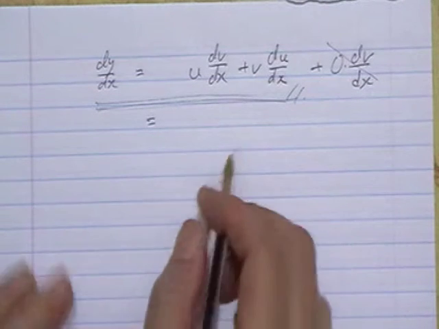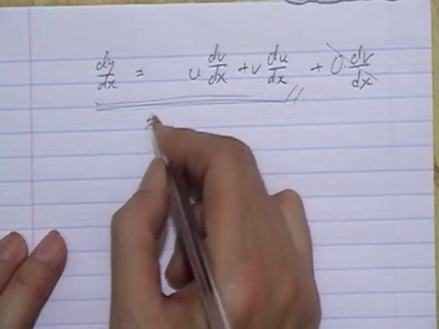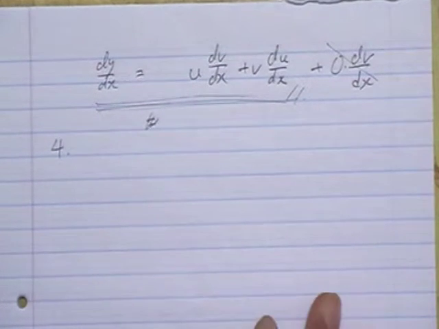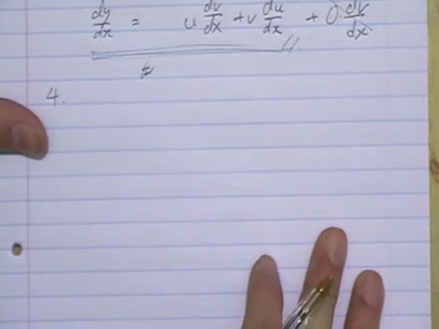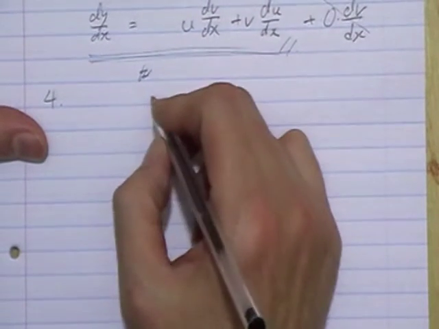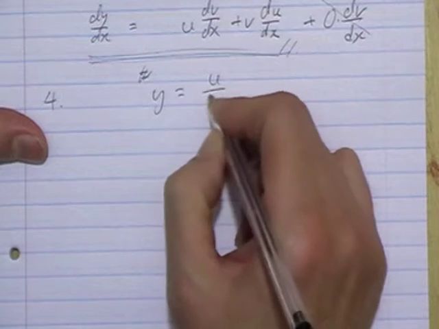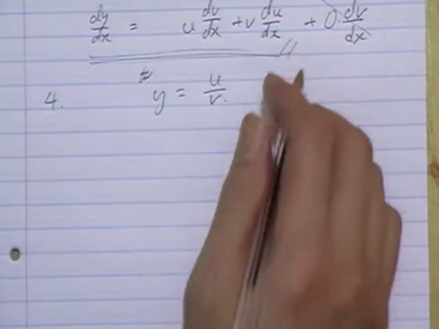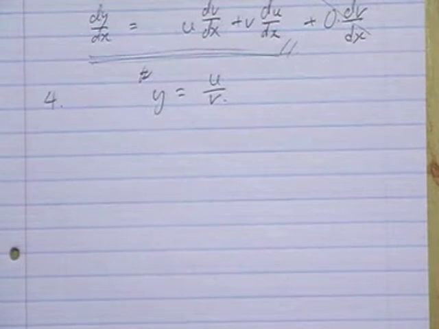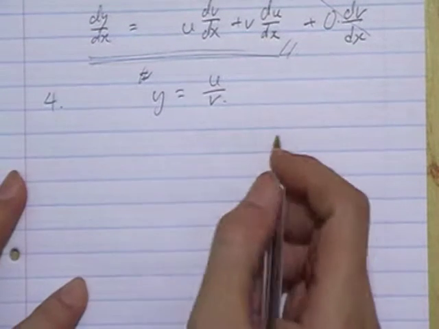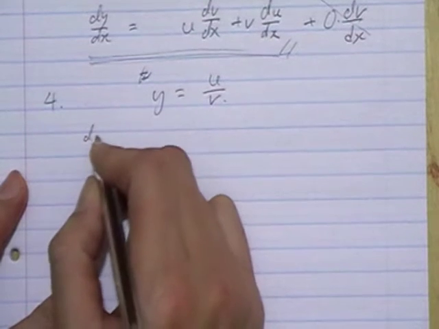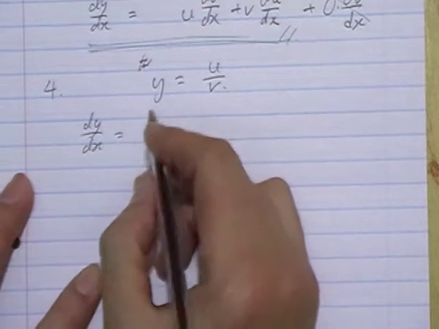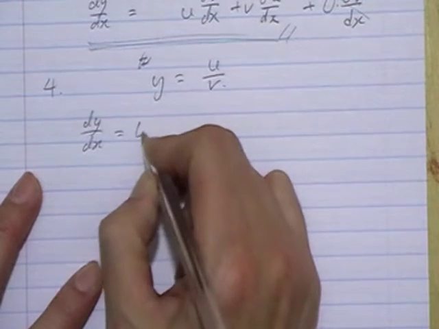Now moving on to number 4, the quotient rule. Let me try and prove that. y is equal to u over v. dy/dx. Let's write out the definition as before.